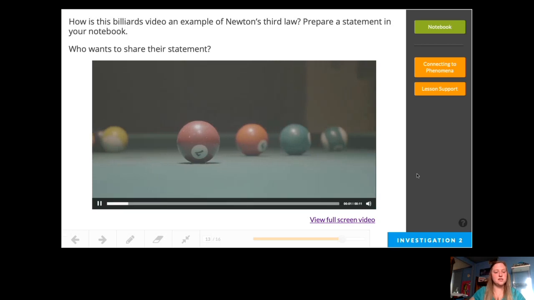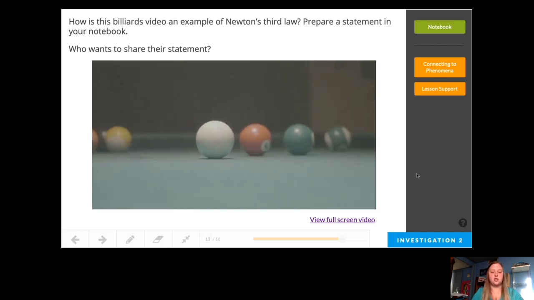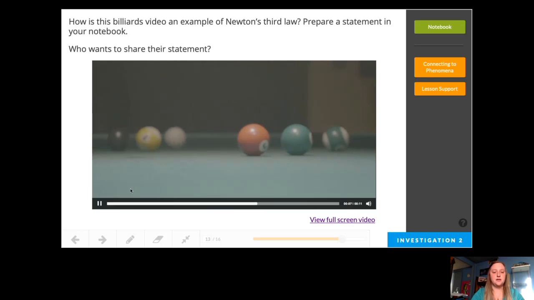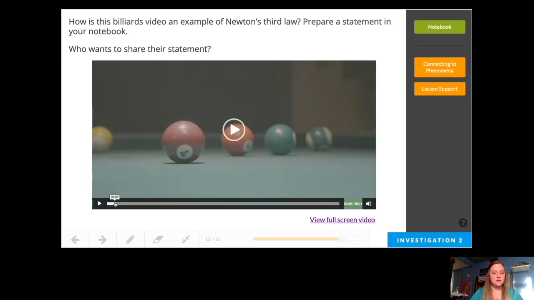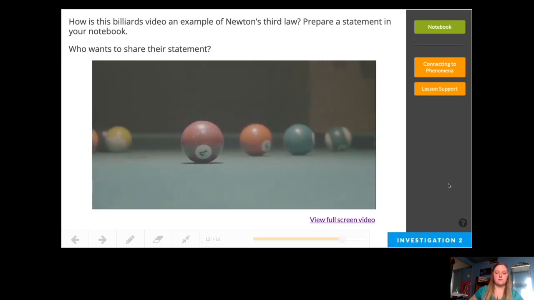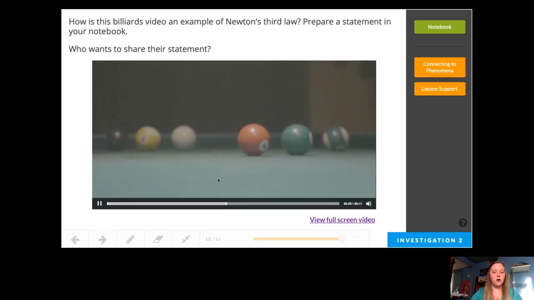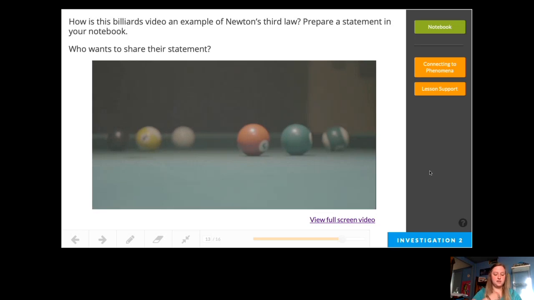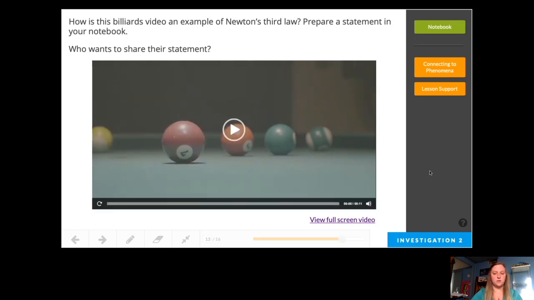So watch this here. That's the cue ball, the white ball, that hit the red 7, I believe. Let's rewatch that. Yeah, the red 7 there. So what do you think? Well, the cue ball, again the white ball, is exerting our action force.